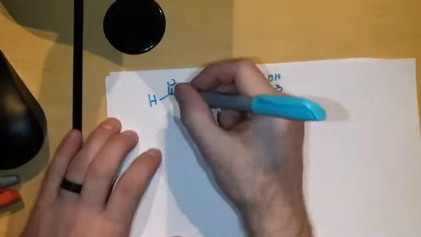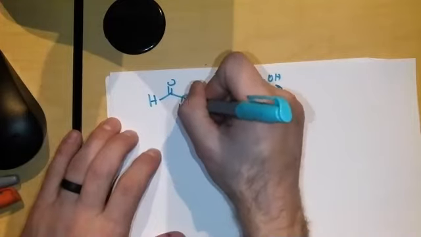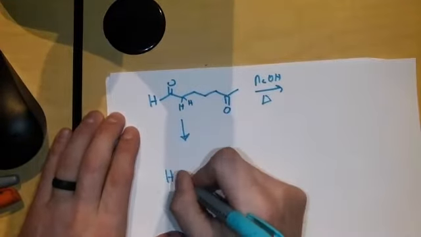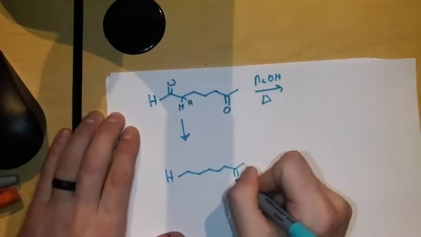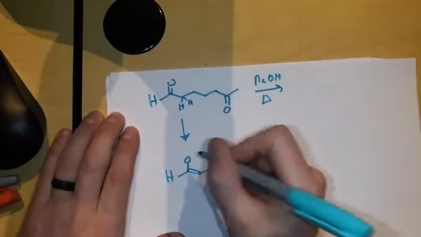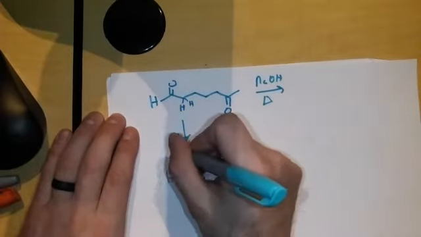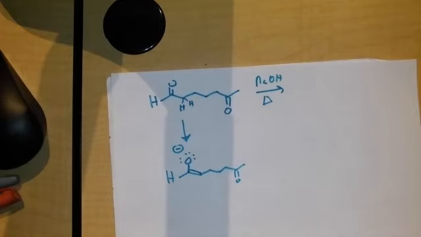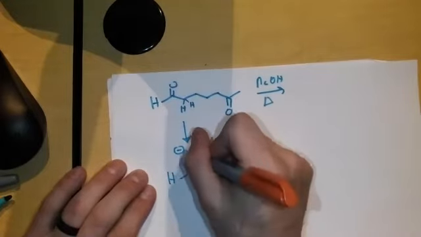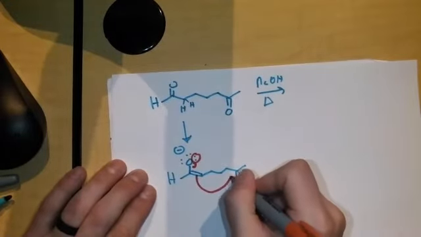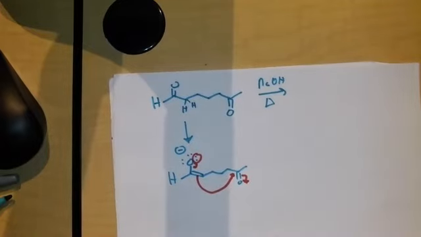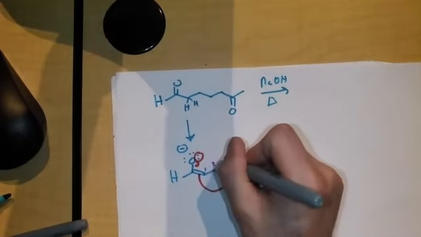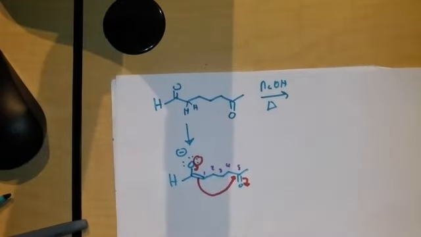So our aldehyde is our more acidic protons, which means these are the ones that are actually going to pull off. We can make these enolates here. We can close to form a ring. So again, we're forming the ring between the end of our enolate and our carbonyl. So this is going to be a 1, 2, 3, 4, 5-membered ring here.